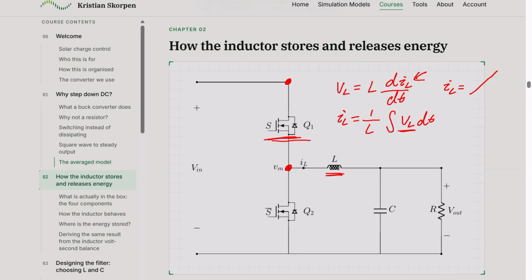And when this switch is off and this switch is on, we know that Vm becomes zero. So in that case, we would have a negative number on the inductor voltage. So therefore, we would get a falling current. So the current would either rise or fall, depending on how we switch the switches.